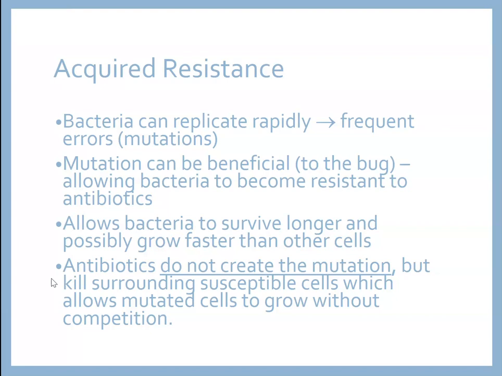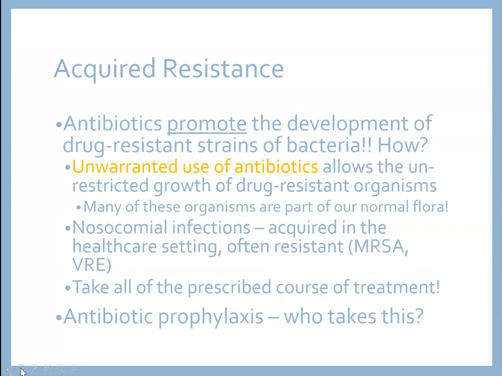Killing the bacteria and killing those cells, that's great. But if we don't do a good job of killing all the cells and we leave some behind, i.e., we don't finish our antibiotics, then that allows the mutated cells left behind to grow without competition because you've killed off some of the healthy bacteria cells. So now some of the mutated cells take hold.